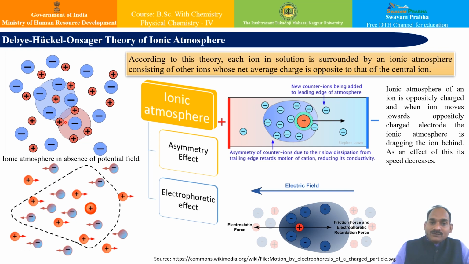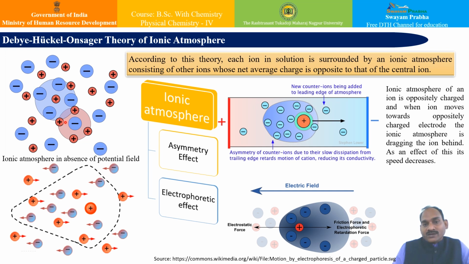Now the time usually taken for the formation of new ionic atmosphere is known as the relaxation time. And this relaxation time is usually of the order of say 10 to the power minus 7 seconds or so. However, when the potential is applied, these ions start moving towards the respective electrodes, which is very natural.